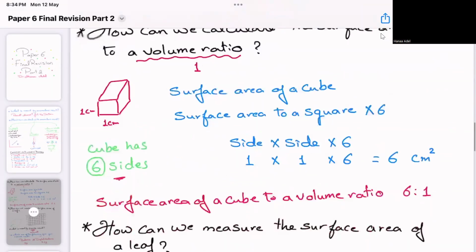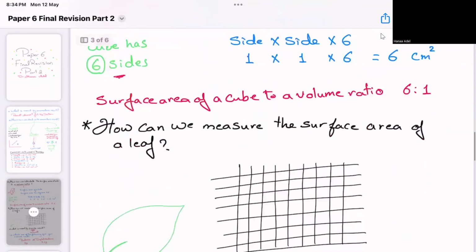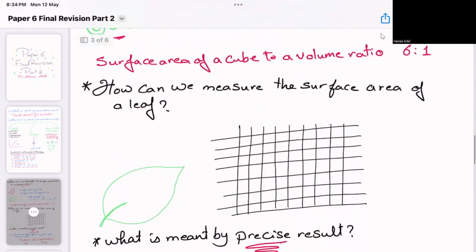Okay, how can we measure the surface area of a leaf? Step by step, we have to get the leaf and put it on the grid. Okay, this is the leaf, just make it green. Put the leaf on the grid.